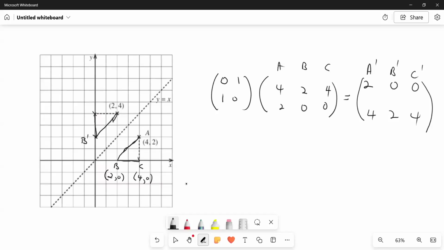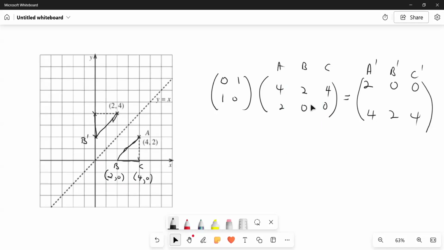So you could actually effect a reflection in a certain line by simply taking the matrix. There's a certain matrix associated with it, and there are some standard ones. I'll give you in just a moment, right? And you write the vertices. In this case, if you're dealing with a triangle, you could have a square, you could have any shape.